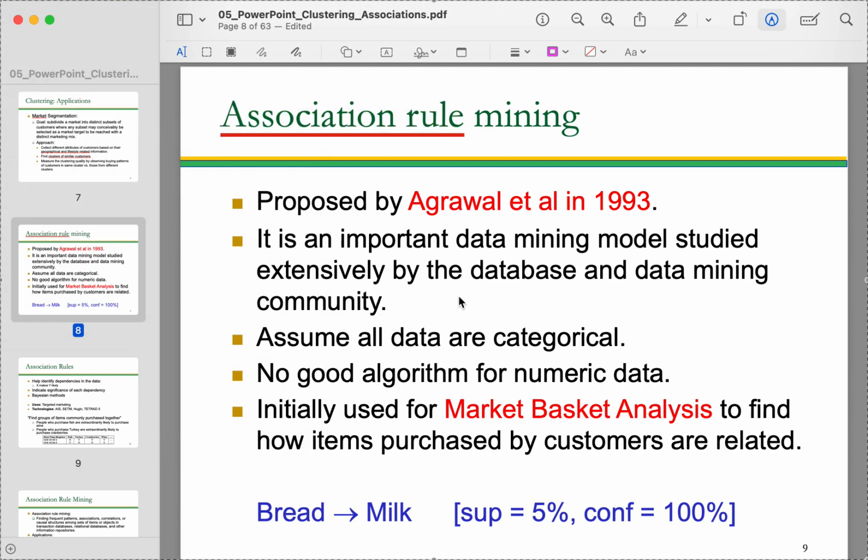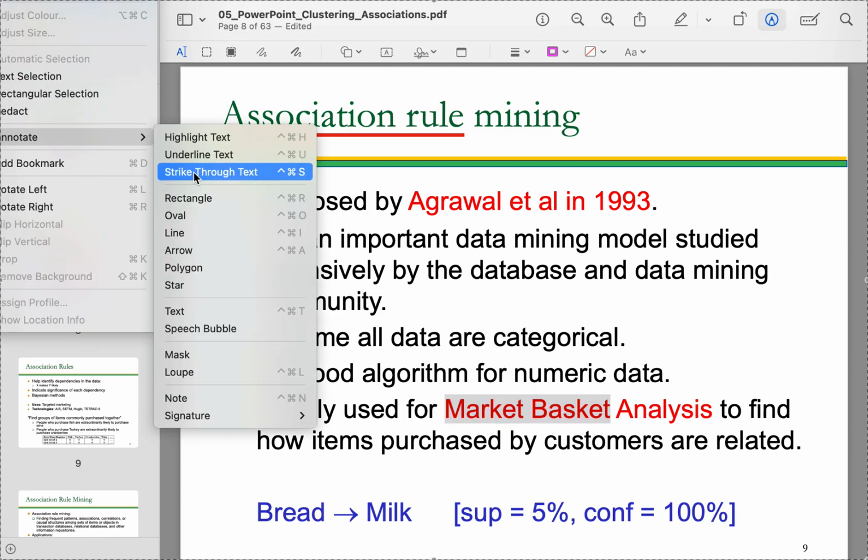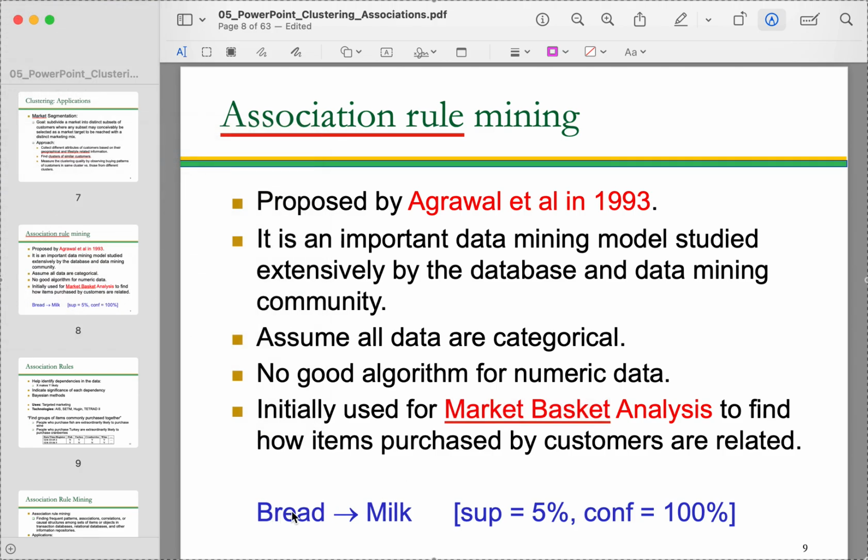So, for example, if we have transactional data, let's say we go to the grocery store and we purchase a bunch of items together. Let's say we purchase bread, milk, and fruits and place them into our shopping cart or shopping basket.